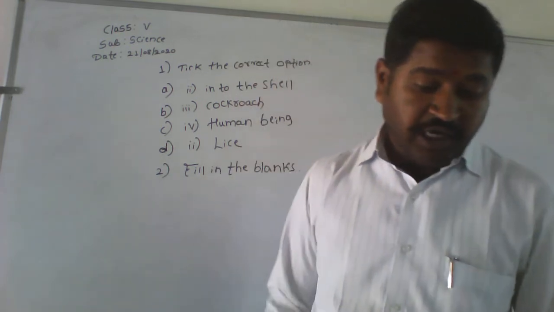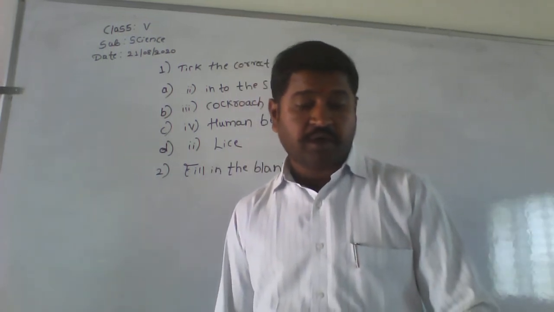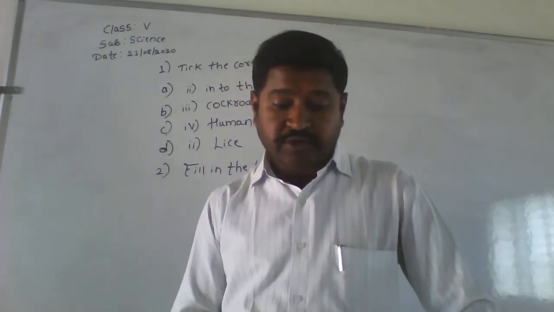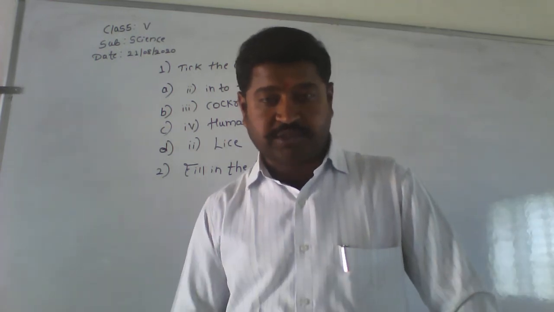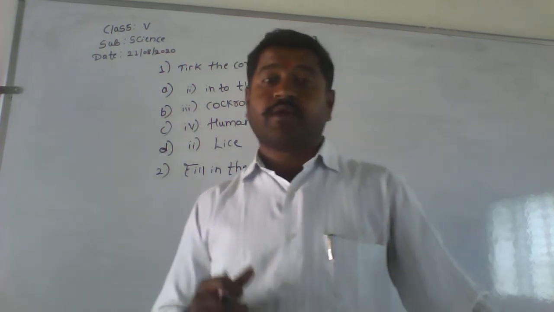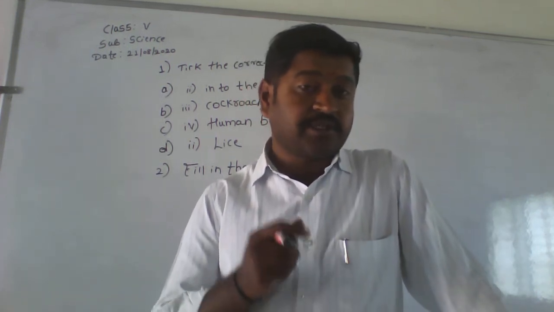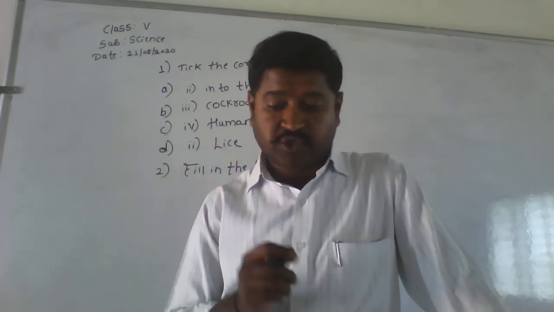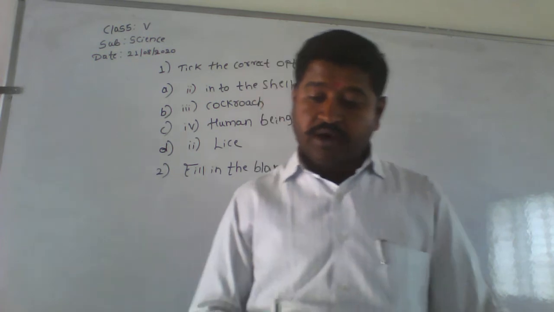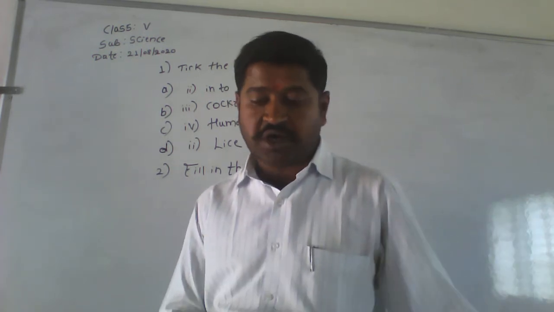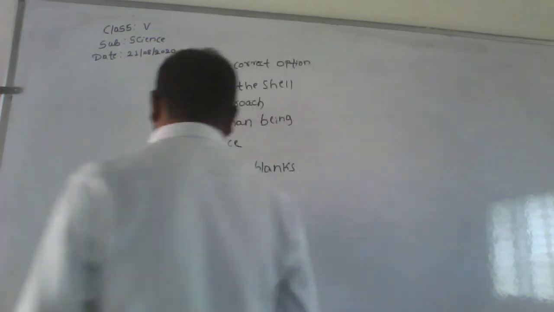In that A, the home or surrounding of an animal where it lives, eats and grows is called its dash. First of all, we should know what a habitat is. Habitat is the place where the organism is going to live. So the home or surrounding of an animal where it lives, eats and grows is called its habitat.